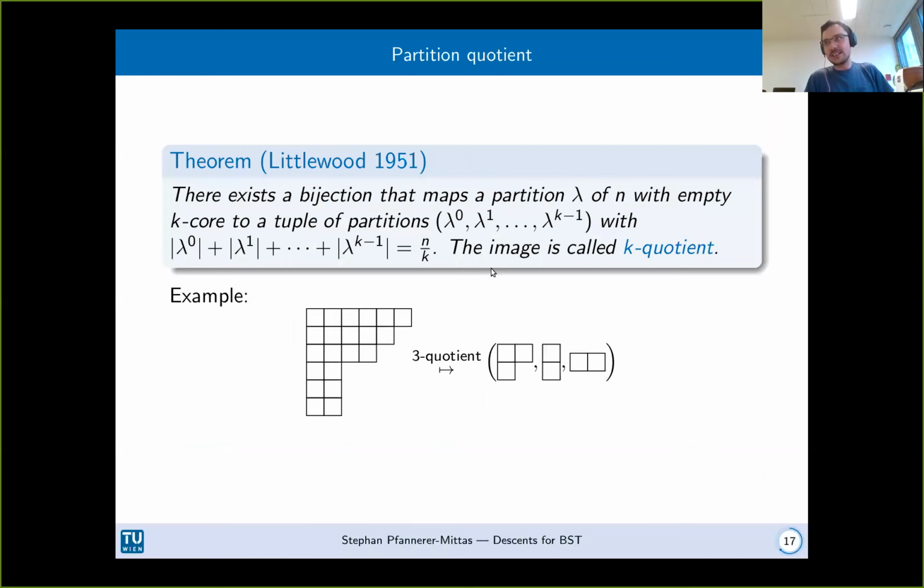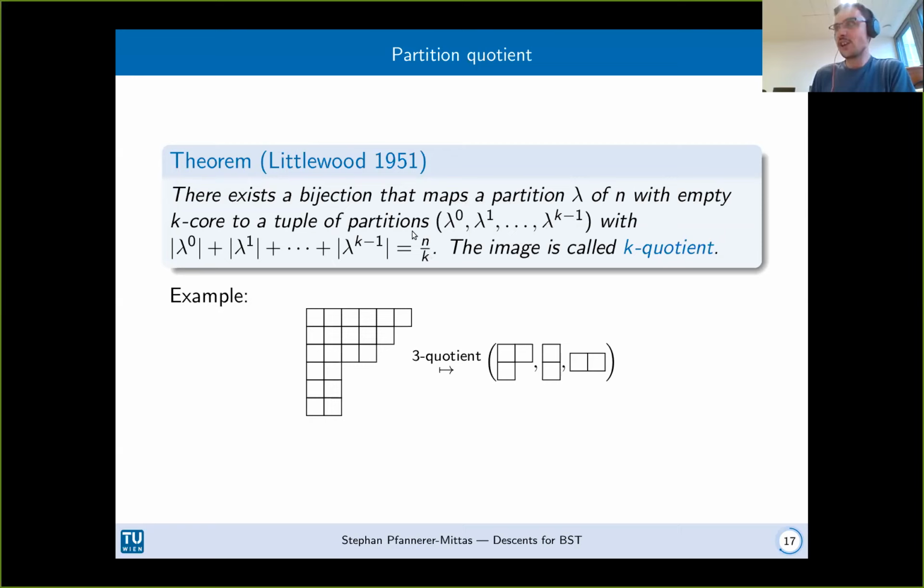For this, I told you we need partition quotients. And the idea is that if we have a partition of size n with empty k-core, we want to divide it by k. Dividing by k means that we will get now a tuple of partitions, namely k partitions, such that the total size, if I add up the sizes, we get n over k.